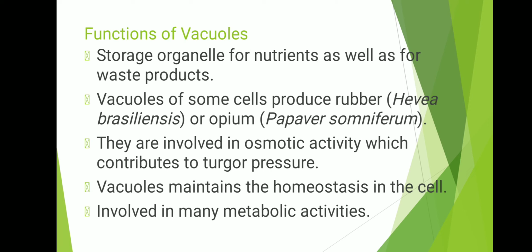For example, when there is a pH drop in the environment, or high acidity, the vacuoles accumulate much of the H positive ions, so they act as a buffering system in the cytoplasm. When there is high acidity, the vacuoles accumulate more H positive ions.